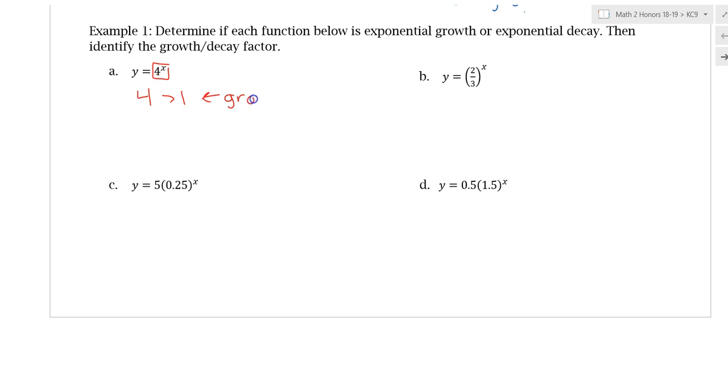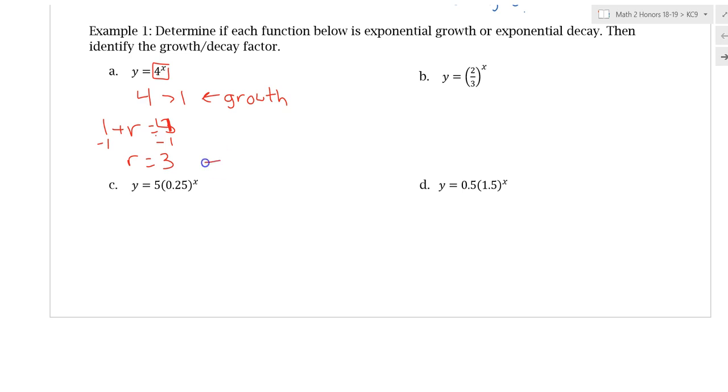So that's growth. So that means 1 plus r equals 4, so r equals 3. Sorry, I said 4 and then jumped to the next step.